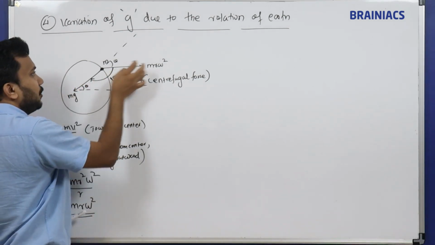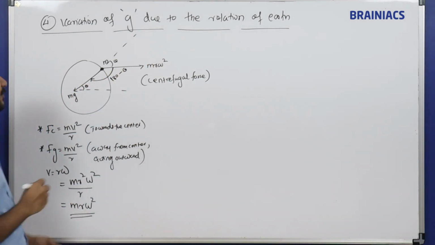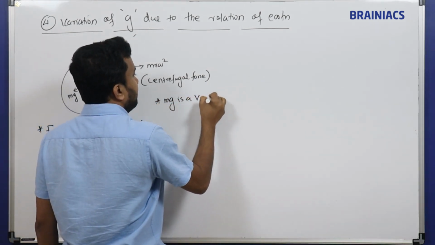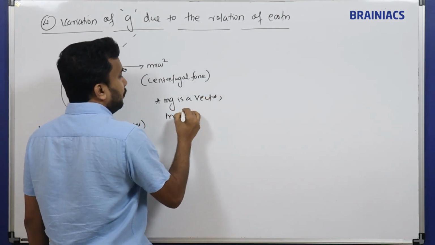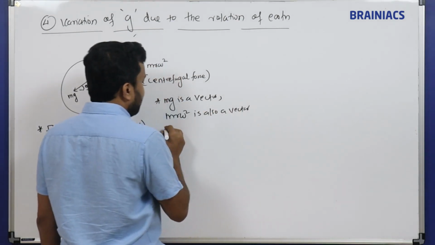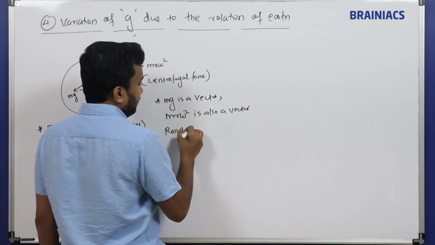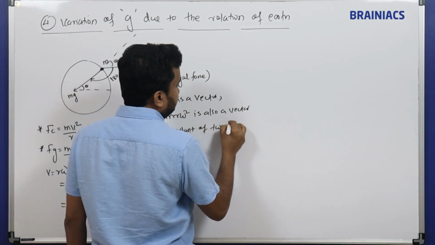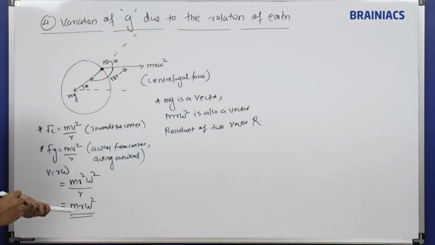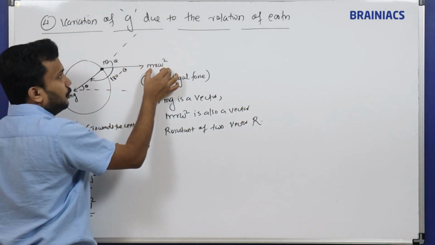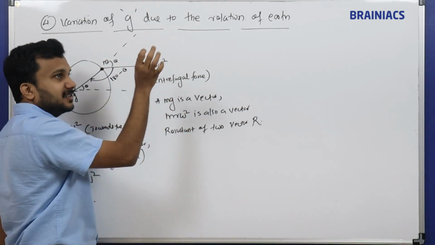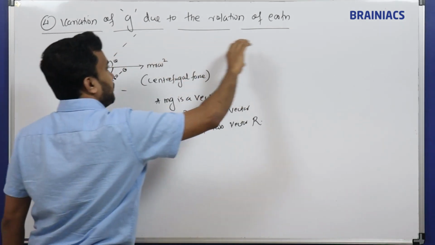So mg is a vector quantity, and m r omega square is also a vector quantity. So the resultant of two vectors is R. Here you can see m r omega square is a force, equal to mass into acceleration. r omega square is an acceleration acting in this direction.